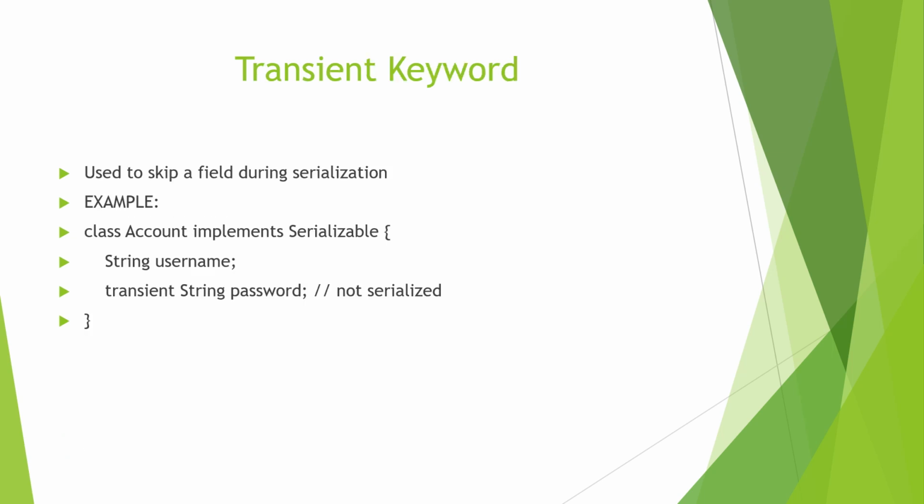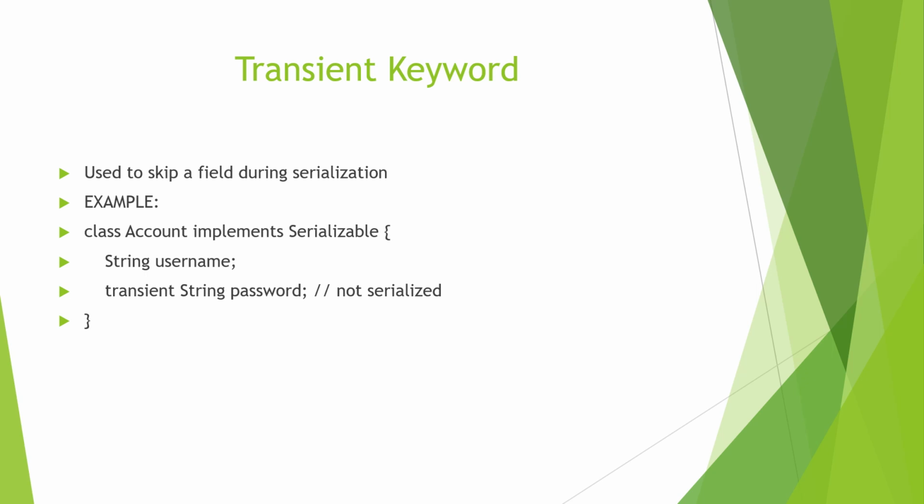Now let's see what this transient keyword is. Previously in this lecture I have told you that whenever in a program there is an object we don't want to serialize, the process is blocked for that particular object by using the keyword transient.